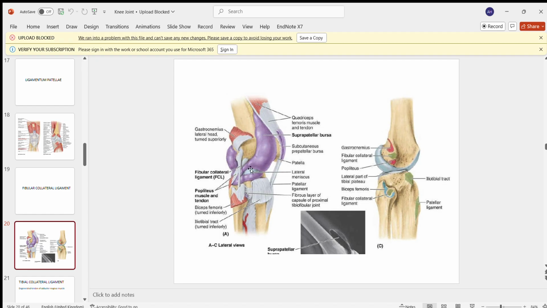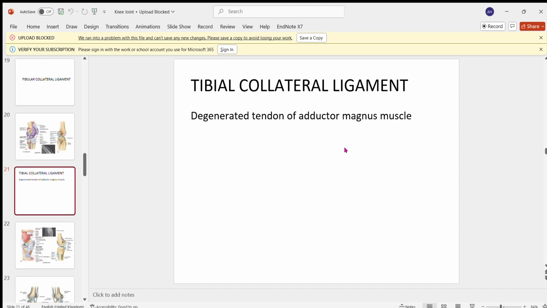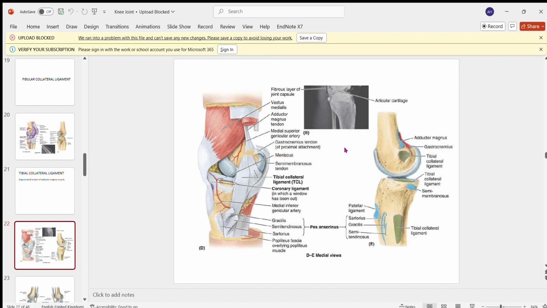Fibular collateral ligament is attached superiorly to the lateral condyle of femur, and inferiorly it is attached to the head of the fibula. It supports the knee joint from the lateral side. Tibial collateral ligament is a degenerated tendon of adductor magnus. This is tibial collateral ligament or the medial collateral ligament.